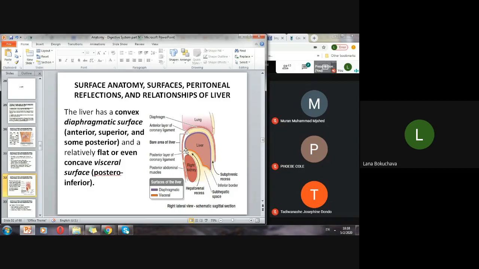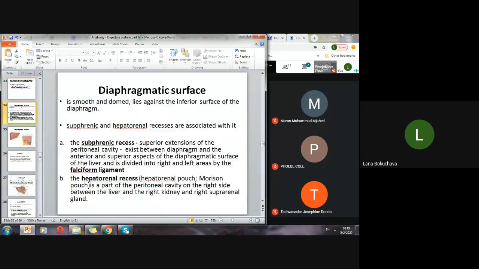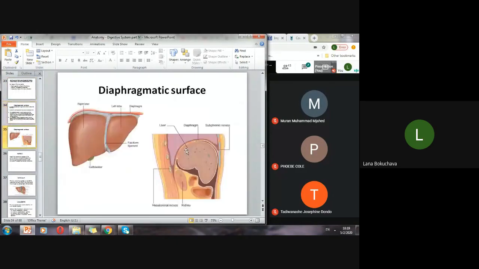Also, because of its close localization to the diaphragm, the movement of the diaphragm, which depends on its contraction and relaxation, means the liver will also be moving.